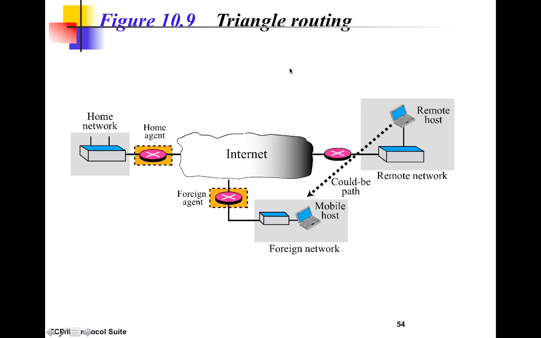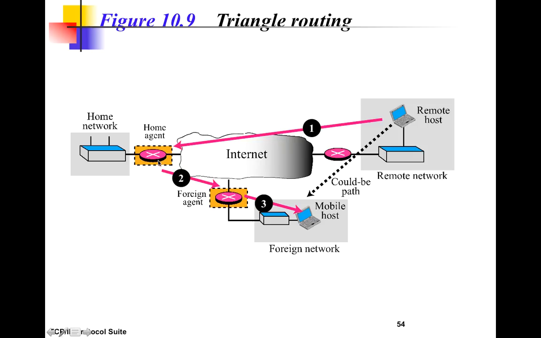In triangular routing, if the remote host, in this case, knew the care of address for the mobile host, it could send the packet directly to the mobile, right? But it doesn't know it. Instead, it has to send every packet to the home agent, and then the home agent sends it to the foreign agent, and then the foreign agent sends it to the mobile host.